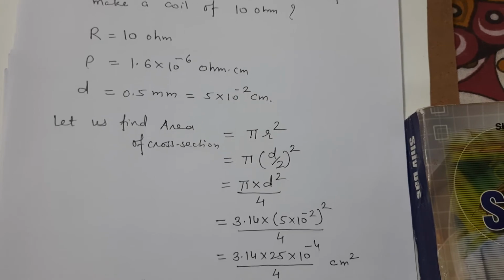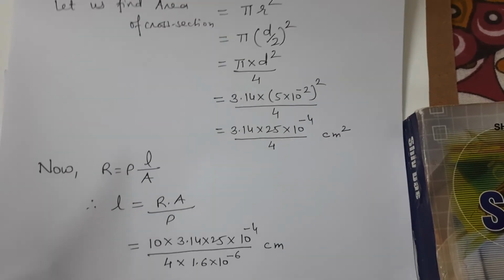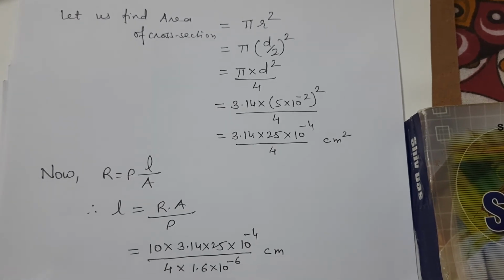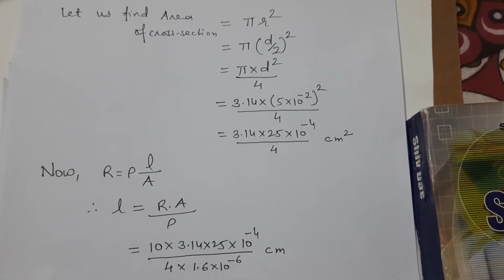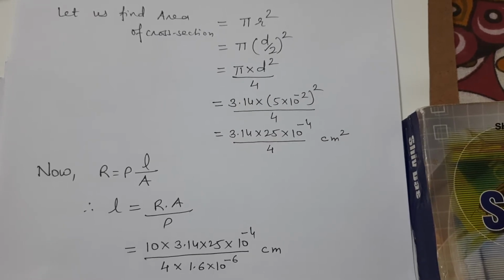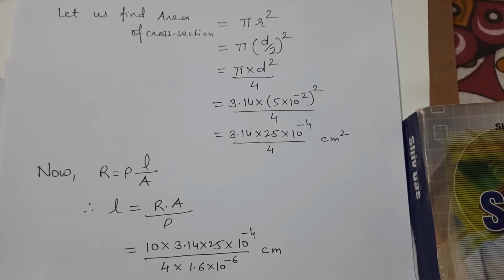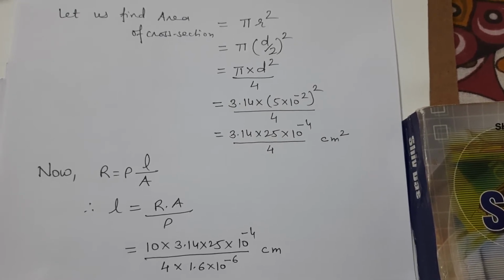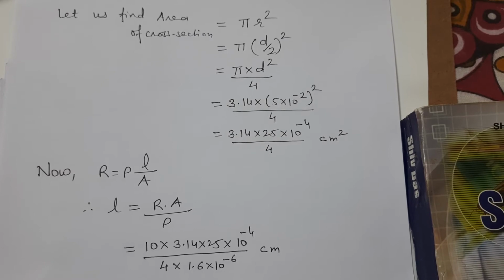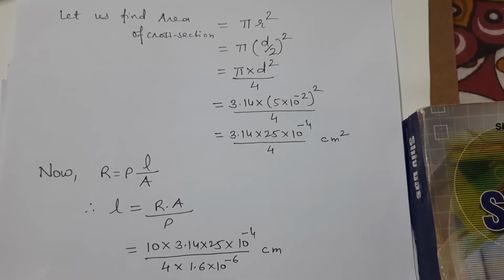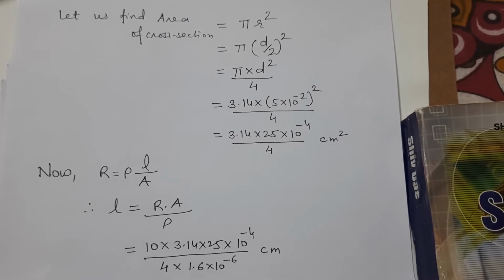R is equal to rho into L by A, that formula we know. So the value of L will be R into A upon rho. On putting the values of R, that is 10 ohm, because we want a wire of 10 ohm, 3.14 into 25 into 10 raised to minus 4, because that is the area of cross section which we have earlier found, upon 4 into rho.